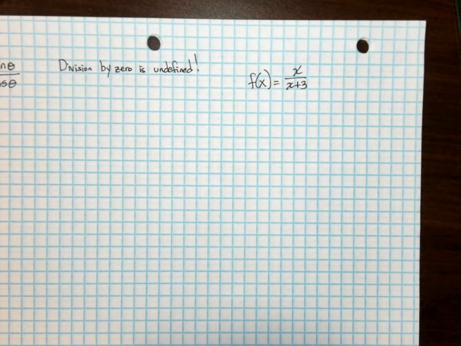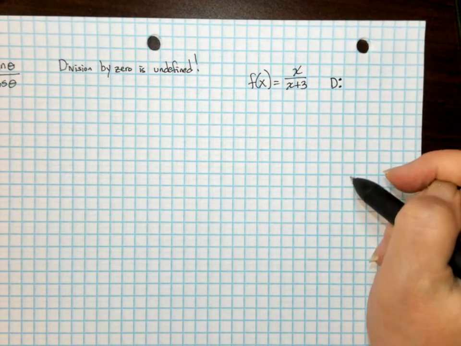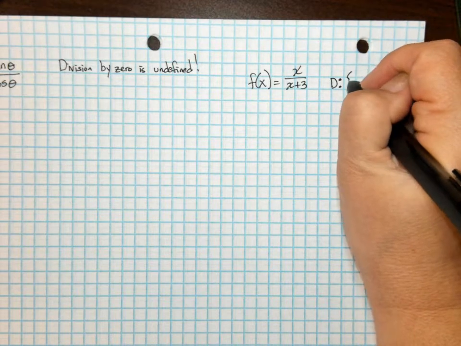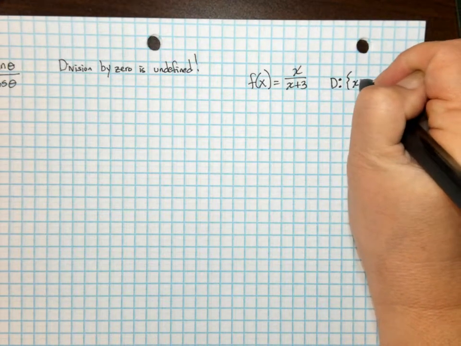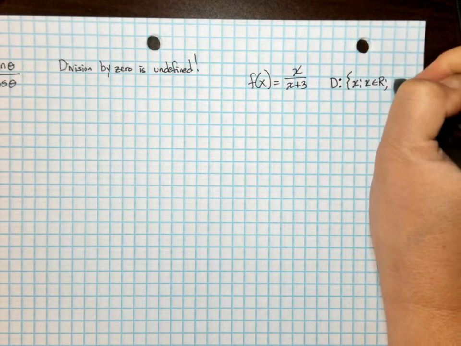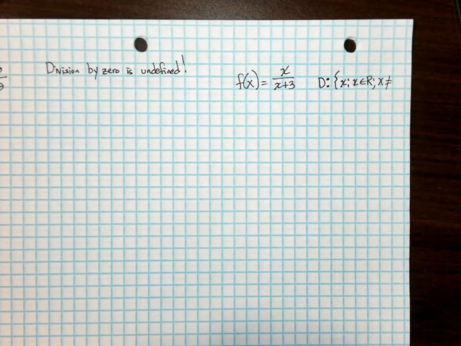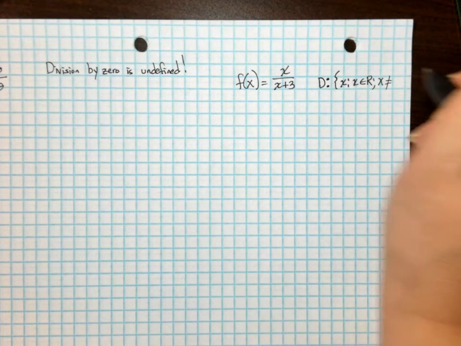right? What's my domain? X such that x is all real numbers, but x is not going to equal what? What can x not be? -3. Can't be -3.